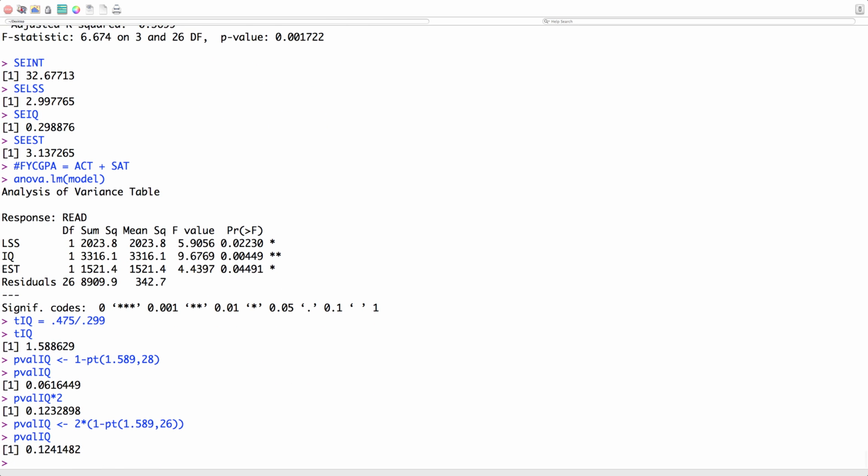Yeah. So make a note. The degrees of freedom for the test statistic is n minus p when we have p minus 1 predictors, or it would be n minus k minus 1 when we consider k predictors.